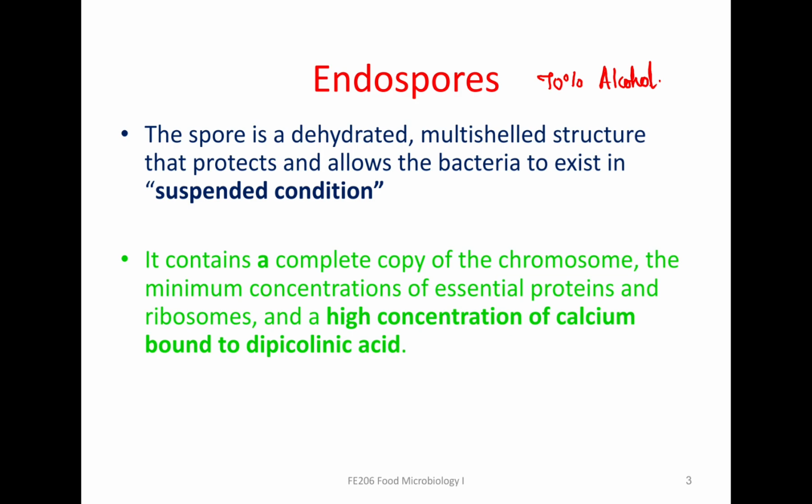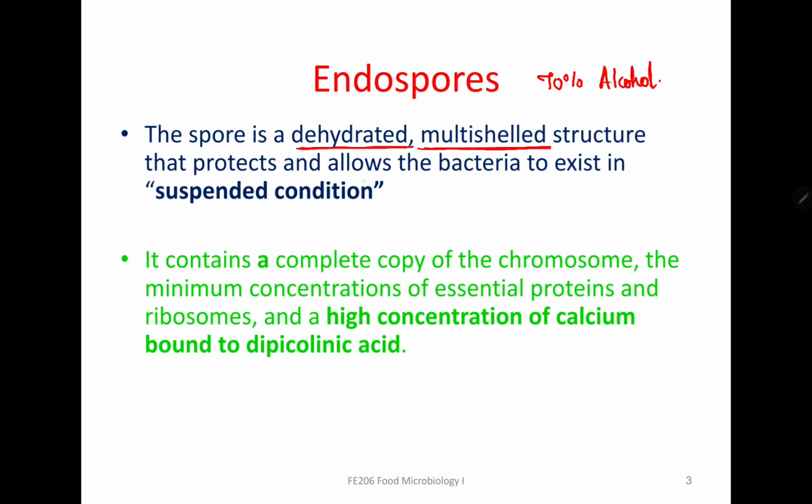Now this endospore is a multi-layered structure. It's a multi-shelled, dehydrated structure. The water percentage is less here, right? And because of less water presence and because of the multi-layered structure, it's going to protect the existence of bacteria.